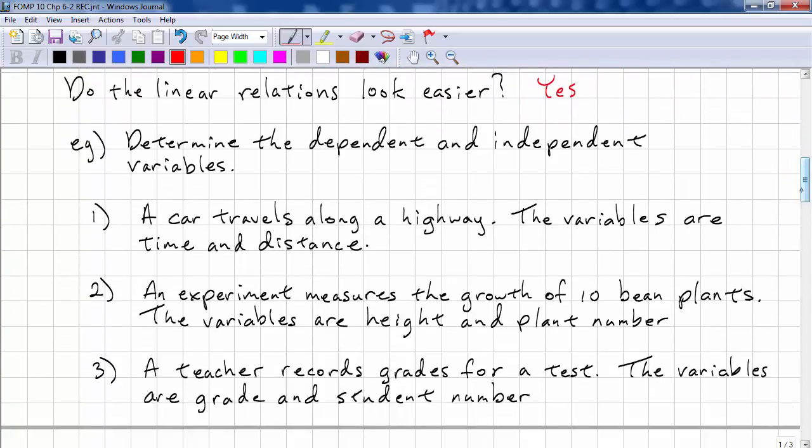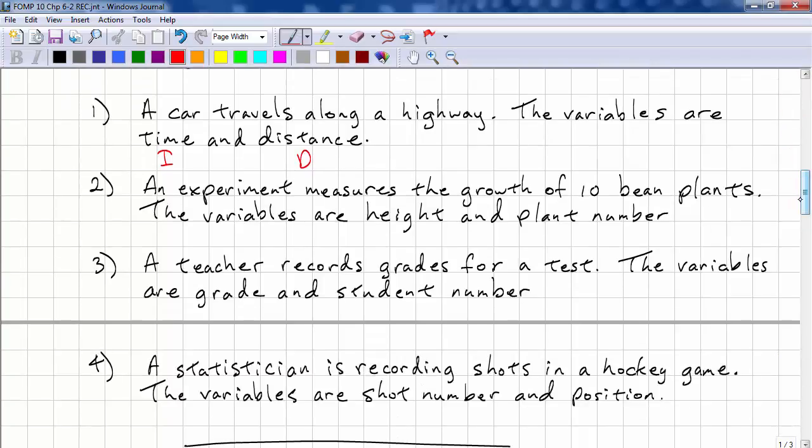Okay, so here's an example of looking for dependent and independent variables. 1. The car travels along the highway. The variables are time and distance. Time is independent and distance is the dependent, regardless of the variable that we use. 2.